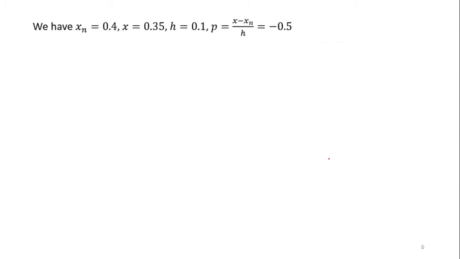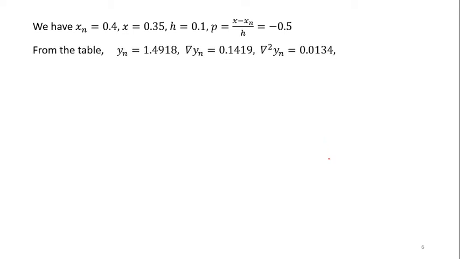Here we have xn equal to 0.4, x equal to 0.35, h equal to 0.1. p is equal to x minus xn divided by h, that is 0.35 minus 0.4 divided by 0.1, that is minus 0.5.